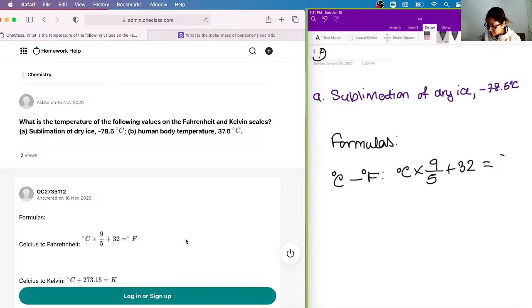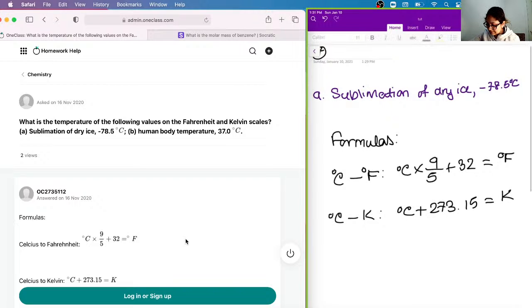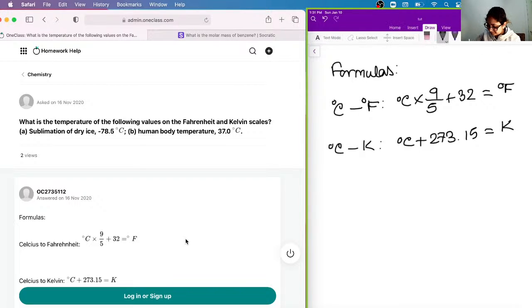This gives you your degrees in Fahrenheit. And so degrees Celsius to Kelvin. This is where you have the degrees of Celsius plus 273.15 gives you your Kelvin. Okay, so using these in mind, we can now do A.